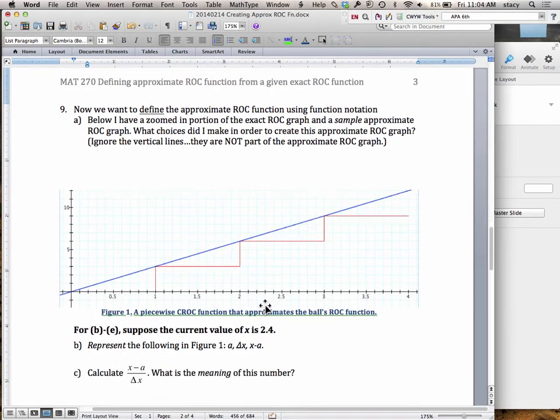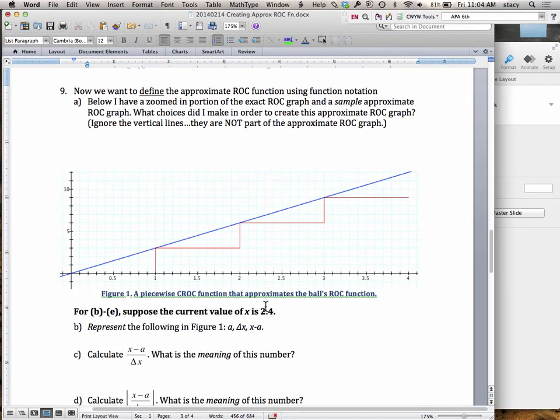Okay, so now I want to define a function that will do what we've just described using function notation. Okay, so my apologies, there's calculator drool. The vertical lines, ignore them. They don't belong there. But the horizontal red lines, what I've done is I've zoomed in and I've given you a sample, right?